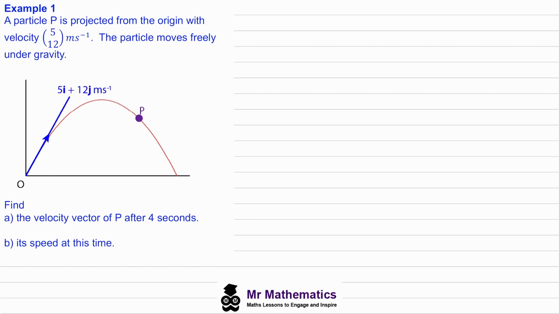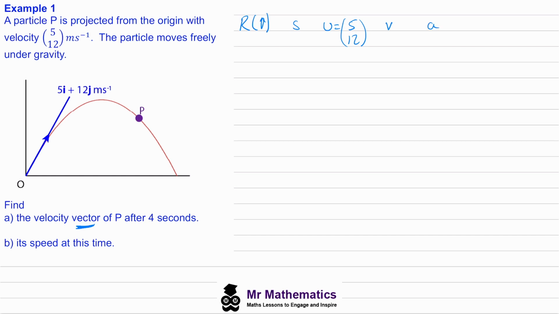So if we begin by resolving upwards, then we know our displacement isn't being asked for or given, so we can forget about this. We know the initial velocity is given as 5i and 12j. The final velocity we've been asked to find.